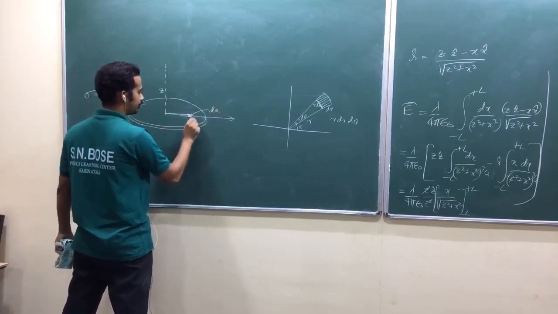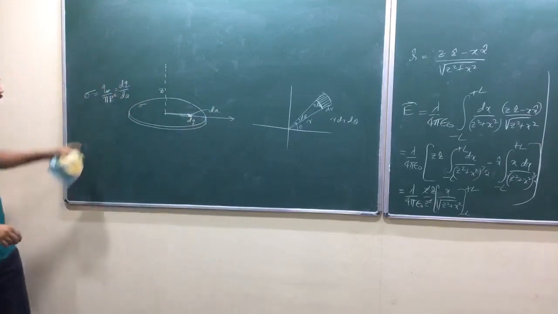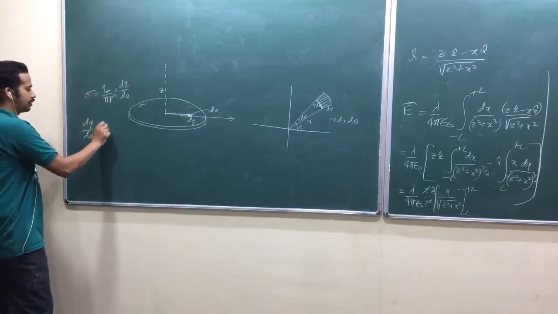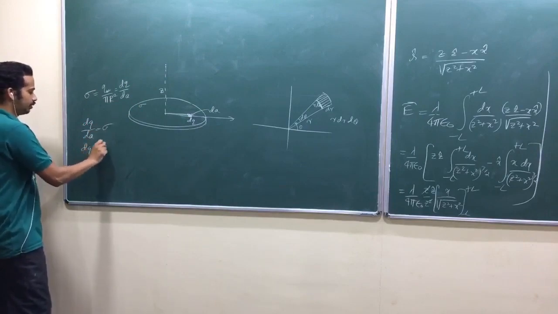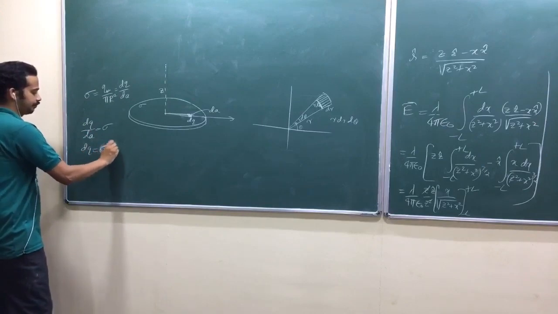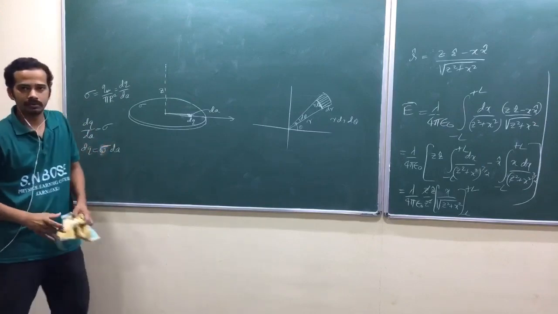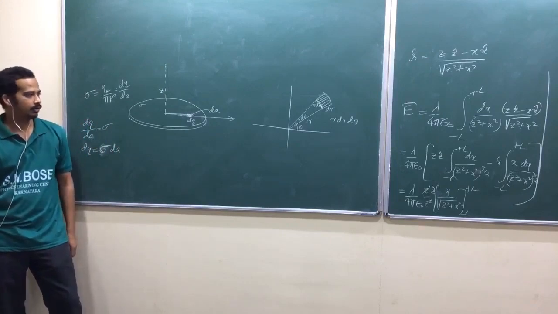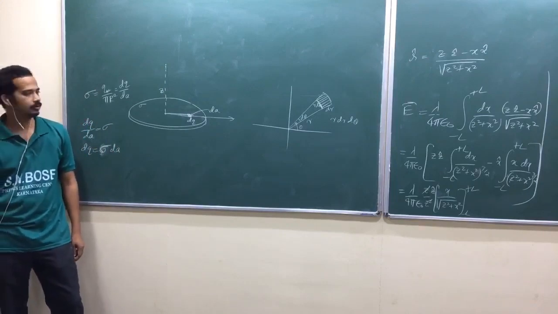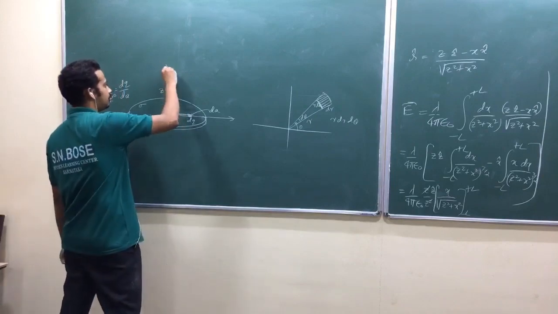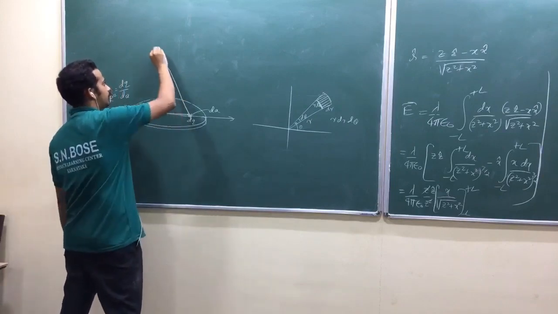I have a dq here, where dq by dA is equal to sigma, or dq is equal to sigma dA. Sigma is constant. Now, because of this elemental charge, let me define the electric field at this point, dE.